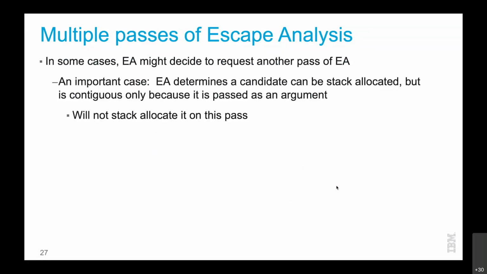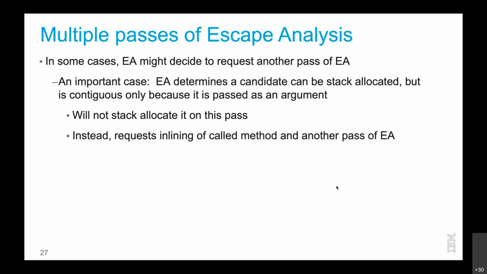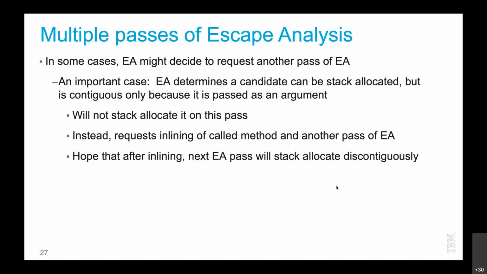EA might actually decide not to stack allocate the item on the current passive EA, and instead it will ask for the method to be inlined and request another passive EA to be applied after the inlining happens, with the hope that the next pass of escape analysis will actually stack allocate the object discontiguously this time.